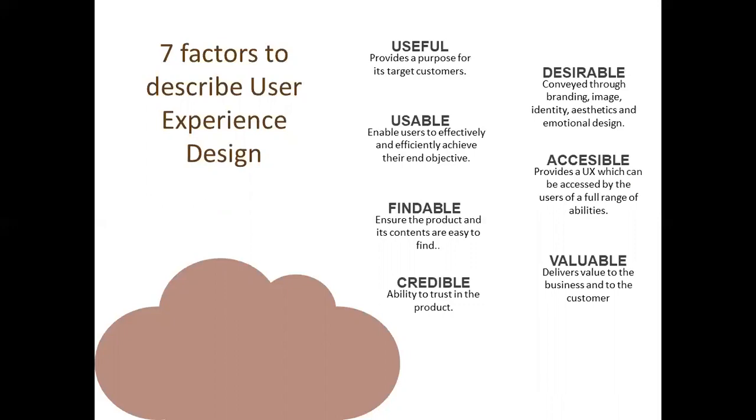Fifth, desirable. Conveyed through branding, image, identity, aesthetics, and emotional design. So if you have a product, it needs to be desirable for the target customers to want it. Six is accessible.